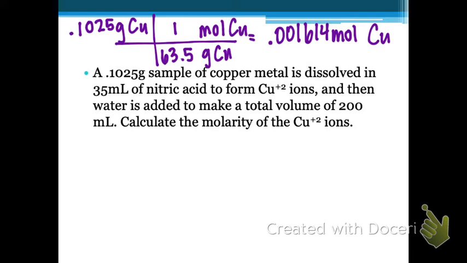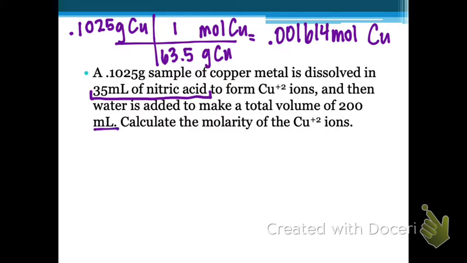Okay, so it tells me it gets put into a solution to dissolve it, right? To make it ionize. So that's just a little side piece of information here. After that, it's added to water to make a total volume of 200 milliliters.